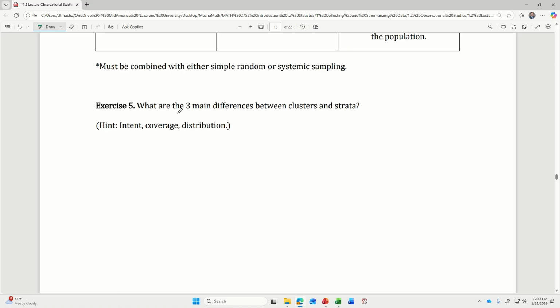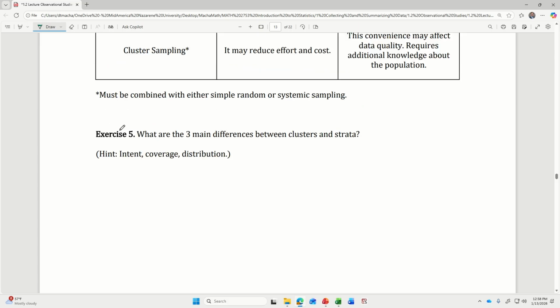So like I said, what are the 3 main differences between clusters and strata? Intent. Are you trying to reduce the sample size and increase the quality of your responses, or are you trying to do the opposite? Coverage. We sample from every stratum in a stratified sample, but in a clustered sample, we only sample from some of the clusters.